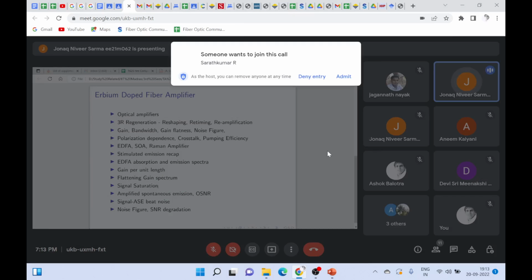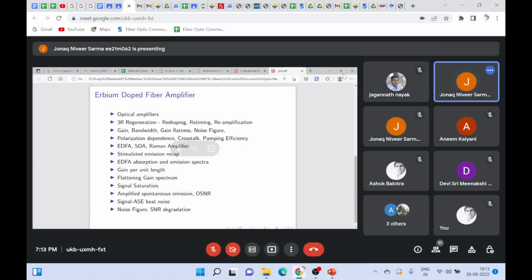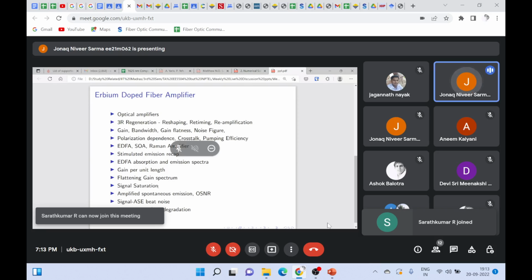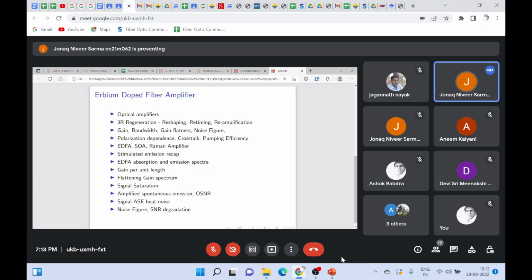That will also cause some noise. In the case of a laser, this was the beginning point of any laser, and we put it inside a cavity so that it gets amplified indefinitely, like some selected modes. Here there is no cavity, but the operation principle is similar. It still operates under stimulated emission.